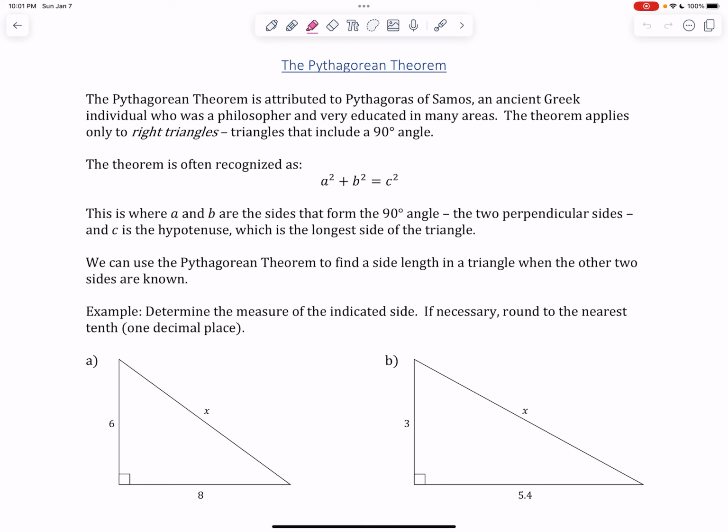That's the theorem we're working with, and from there, we're going to fill in what we know. We can let one of these sides be a, one of these sides can be b, and then the longest side will be c. So filling in what we know, the a is actually a 6. The b is actually an 8. And this triangle doesn't involve c, but it does have an x. So that's what's going to replace that c.